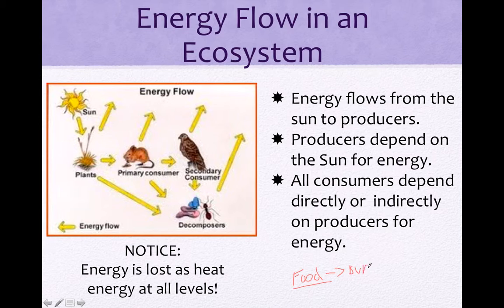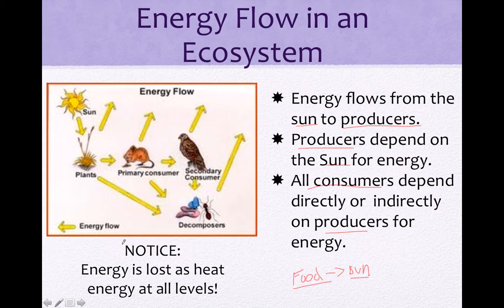But somehow the sun is directly correlated or indirectly correlated. So energy flows from the sun to these things that we call producers, and then from the producers, depending on the sun for energy, and then finally, when something consumes a producer, it consumes that energy from the sun.